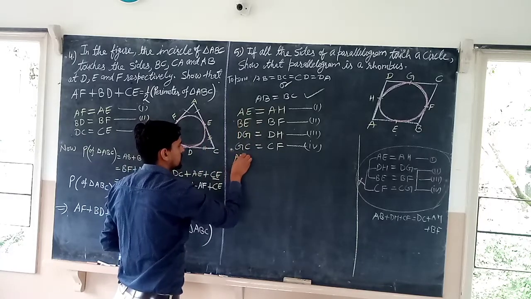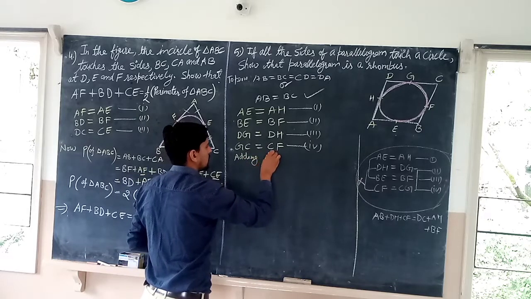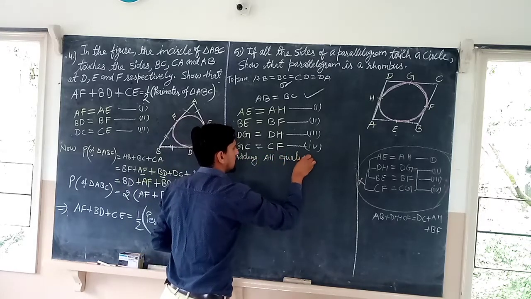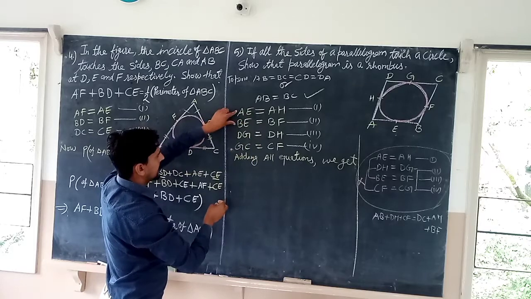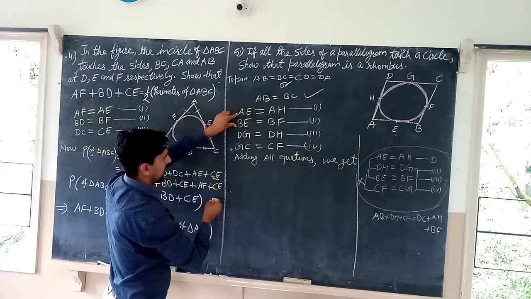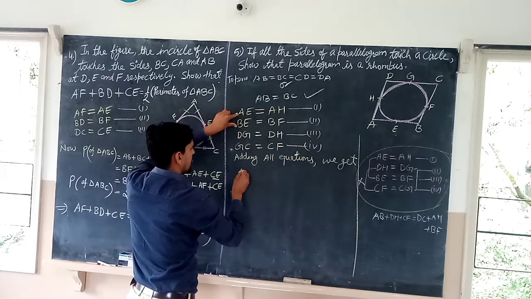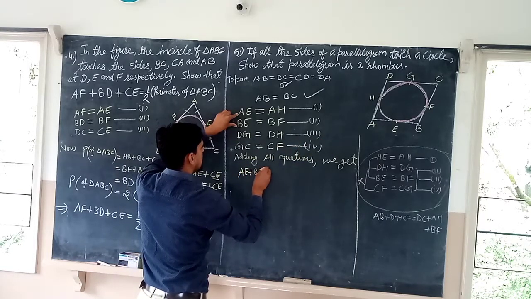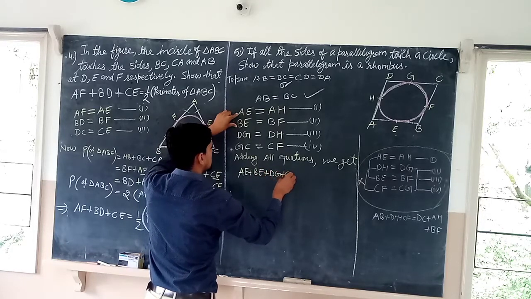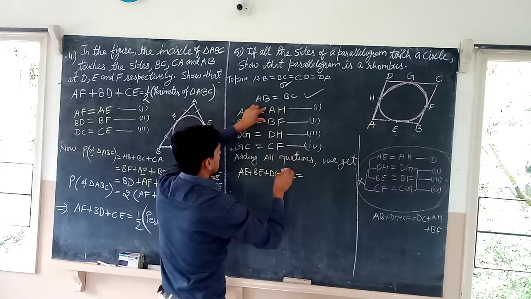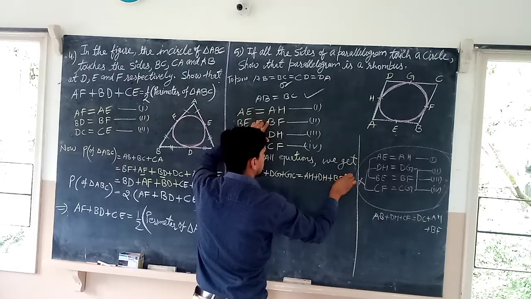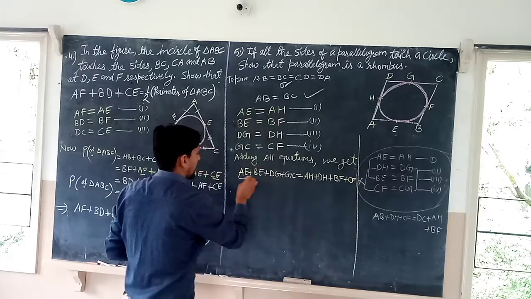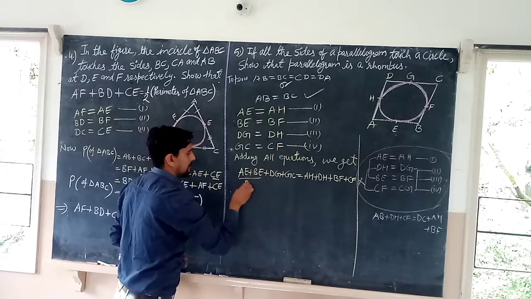So adding all equations, we get AE plus BE plus DG plus GC is equal to AH plus DH plus BF plus CF.